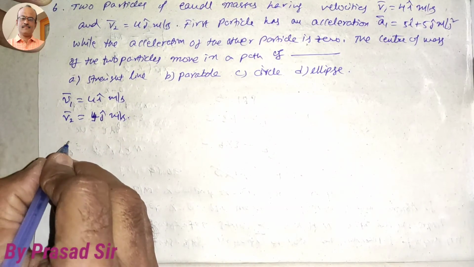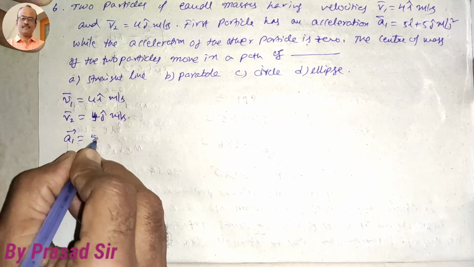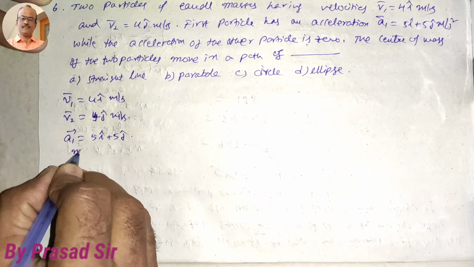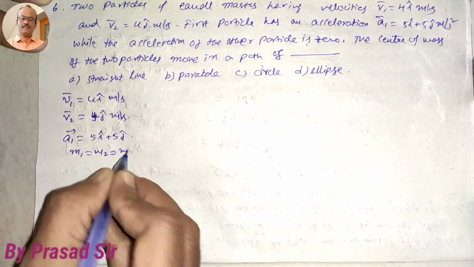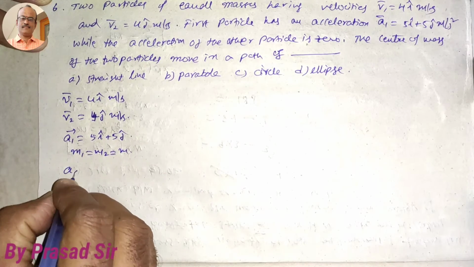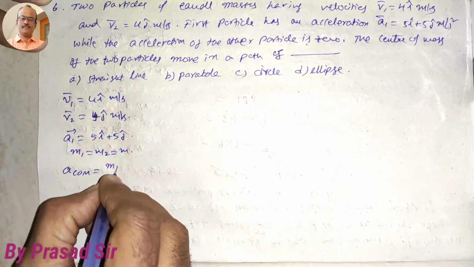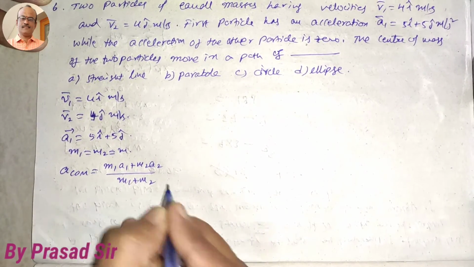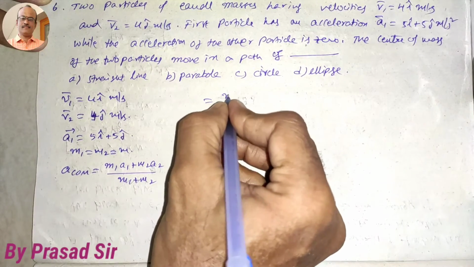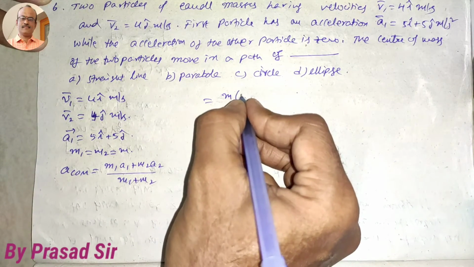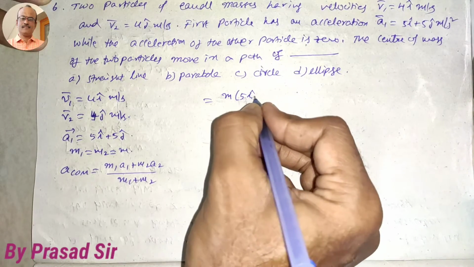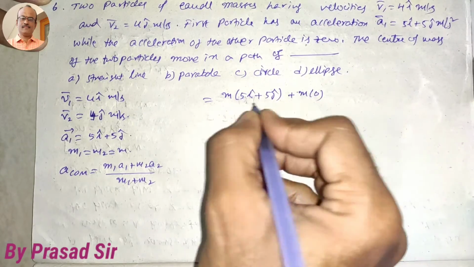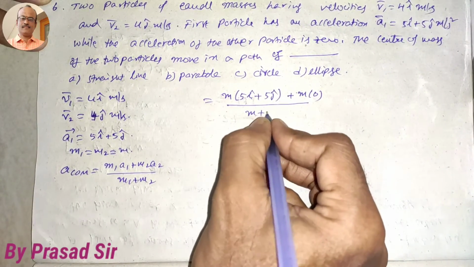The first particle has the acceleration a1 equal to 5 i cap plus 5 j cap. Here the masses of the two particles are the same, m1 is equal to m2 is equal to m. The acceleration of the center of mass is equal to (m1a1 plus m2a2) divided by (m1 plus m2). Now substituting, m into the acceleration of the first particle, 5 i cap plus 5 j cap, plus m into 0, divided by m plus m.